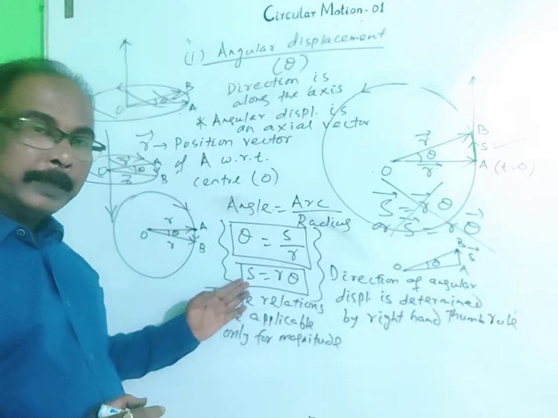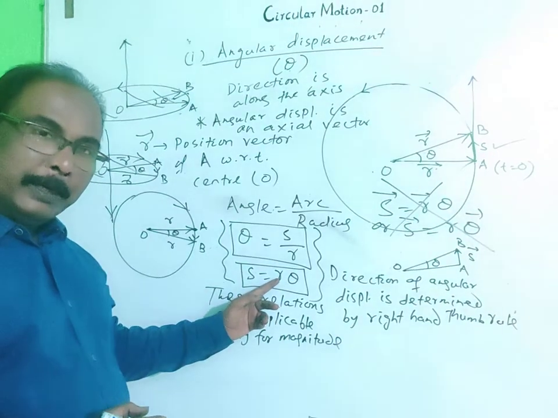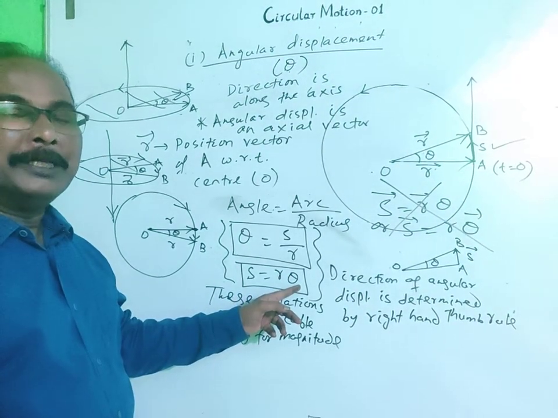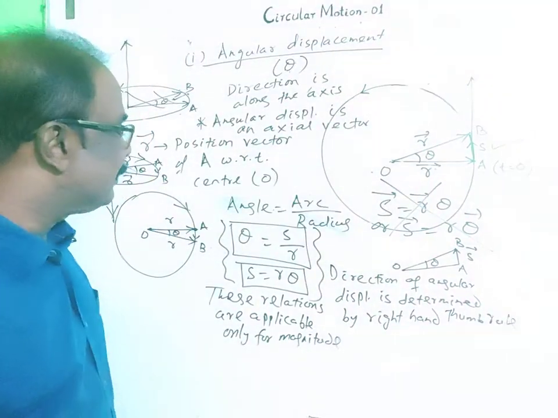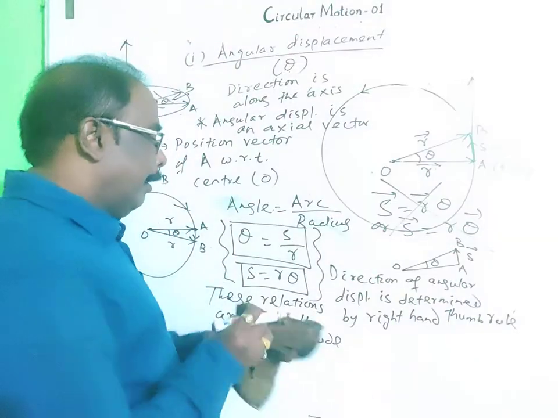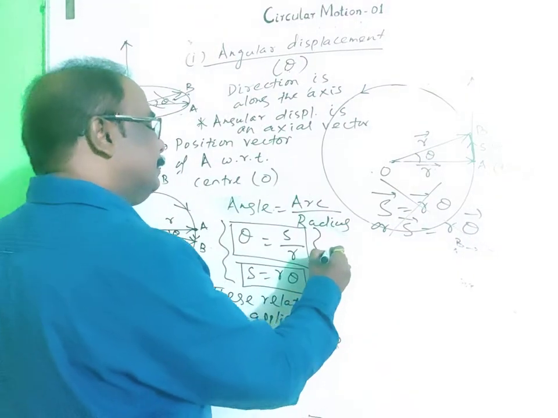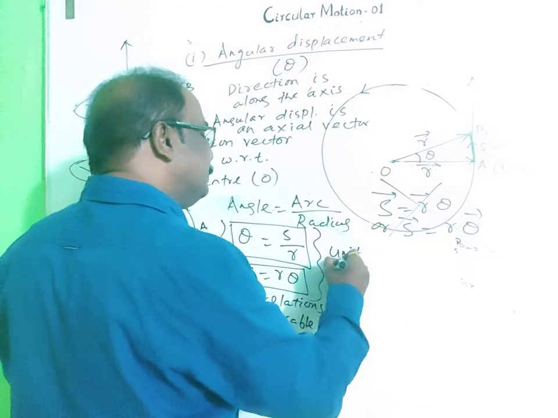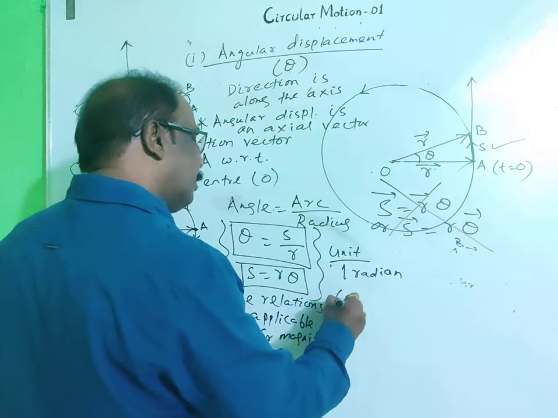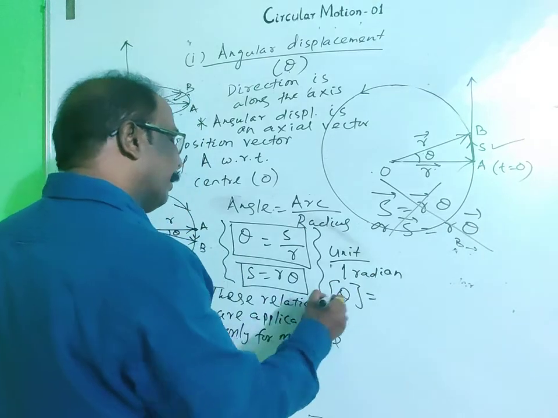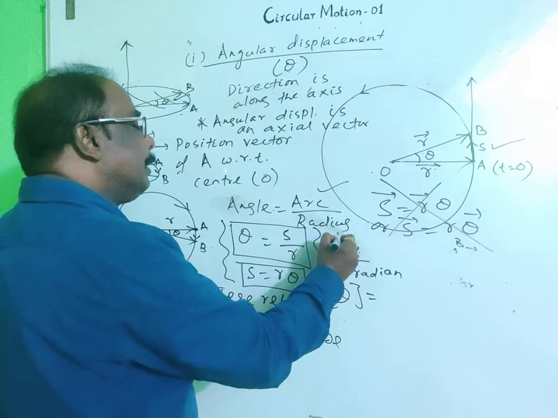The magnitude of linear displacement can be calculated by taking the product of the magnitude of the position vector and theta, meaning the magnitude of angular displacement. So what is the unit of theta? Theta is a plane angle, here motion on a plane. The unit of plane angle is radian. For the dimensional formula of angle, this is arc length, and radius is also length.